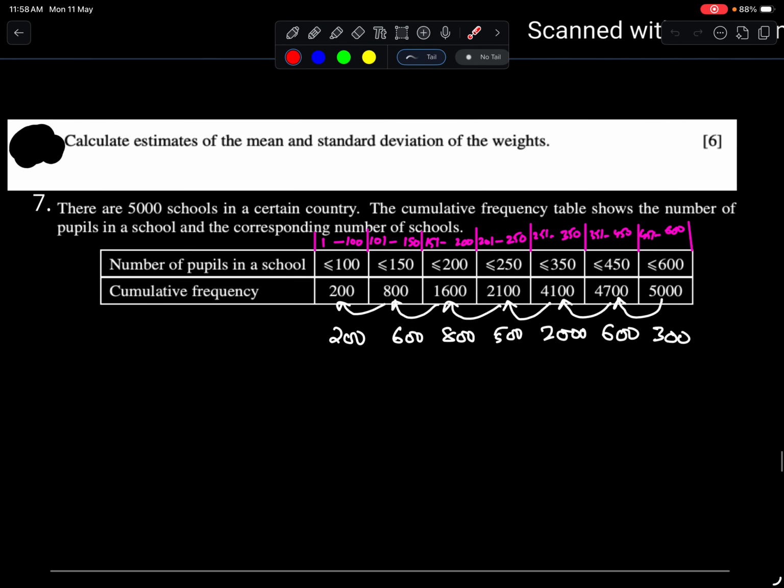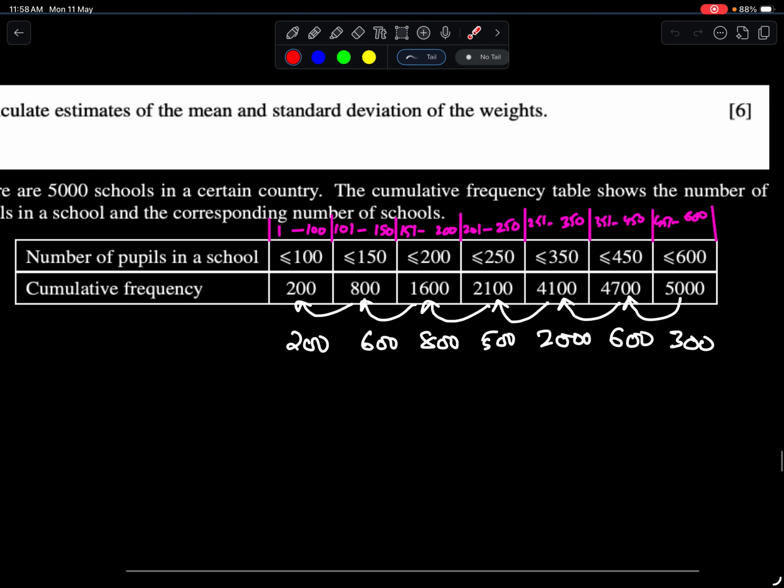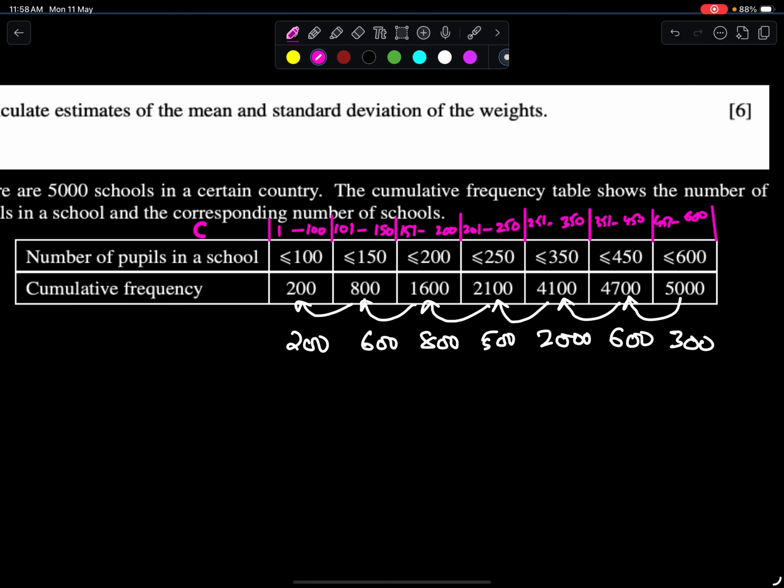See, this data is discrete. Why? Countable quantities, number of pupils, countable thing. Discrete means countable, continuous means measurable. See, this is inclusive. So how to write class intervals? These are class intervals. Now copy this 100 here and the first value must be 1, like 1 to 100.